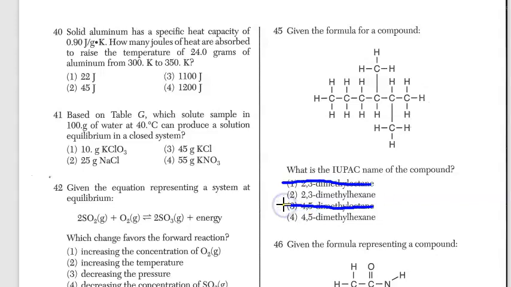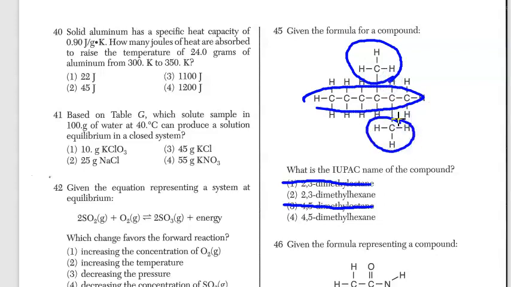And now, since this is my longest chain, I have these 2 side chains of 1 carbon and 3 hydrogens, which is known as a methyl group. They are not on the same carbon. They're on 2 different carbons. And the way that we recognize them, yes, they're dimethyl, but I also need to count the longest chain, and where the numbers are the lowest is the way that we're going to name this.